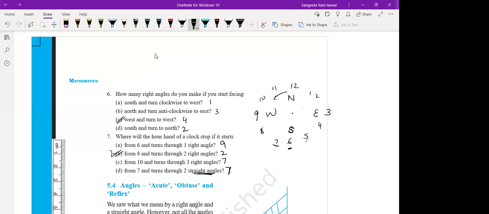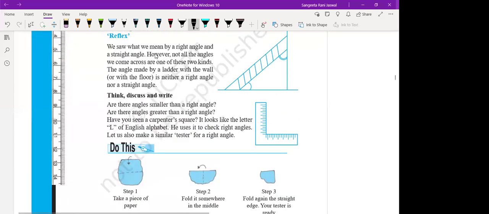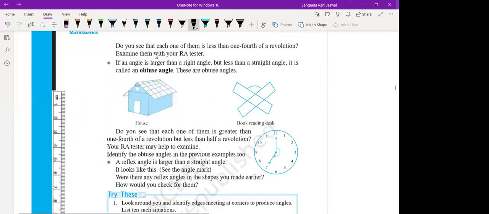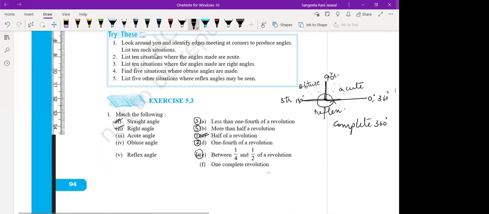When you start from 7 and turn through 2 straight angles, 7. 2 straight angles means 360 degrees. Complete circle. You will come back at the same place. I hope you're not looking at the answers which are written there. No, ma'am.